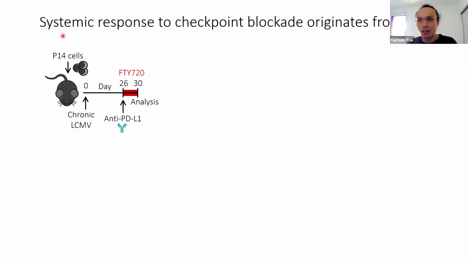We combined our P14 LCMV model with anti-PD-L1 treatment as the immune checkpoint blockade therapy. We gave one single dose of this treatment on day 26 after infection, and then immediately in one group of mice, we blocked the egress of cells with FTY720, and we analyzed 4 days later.